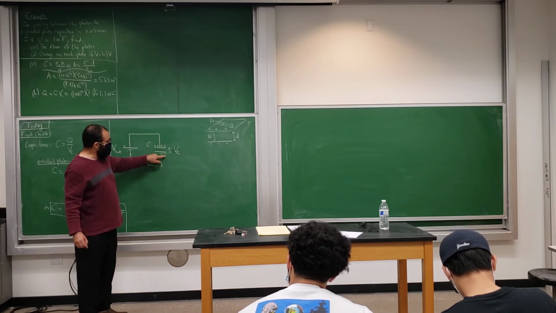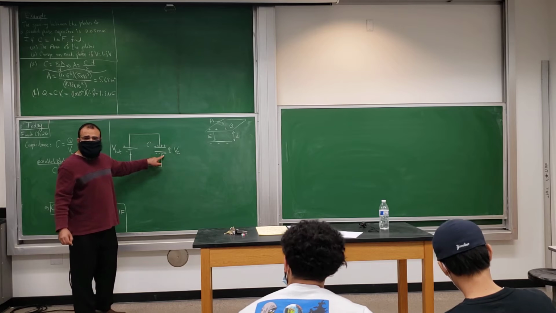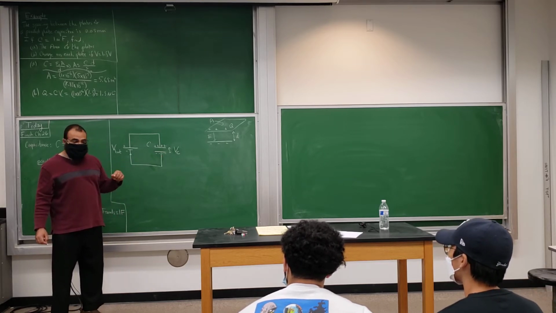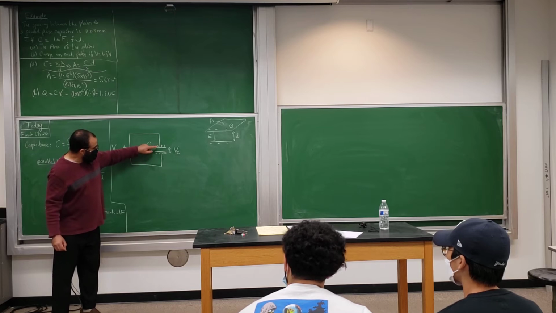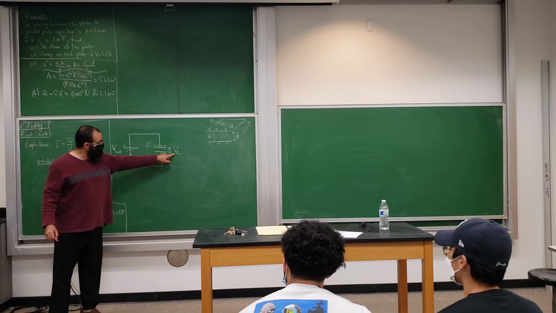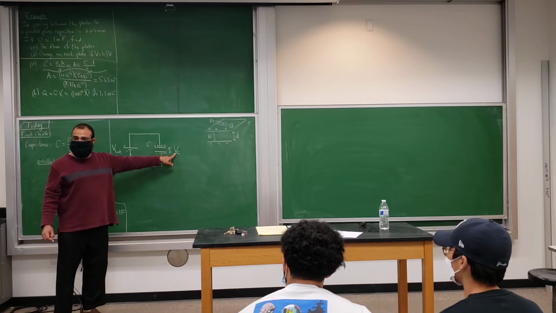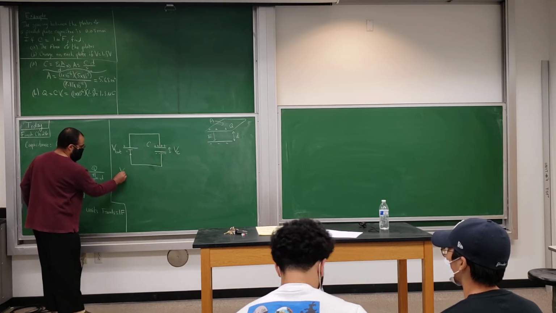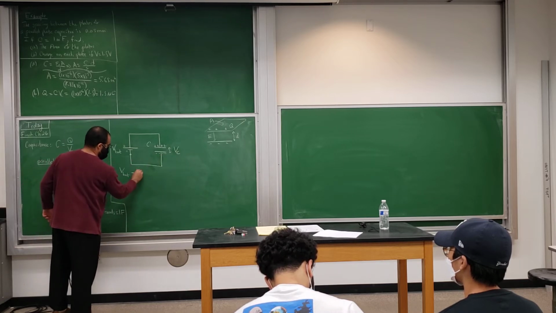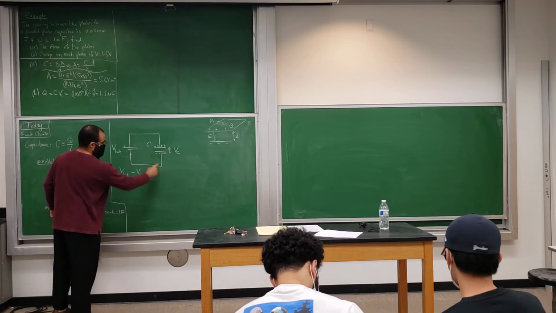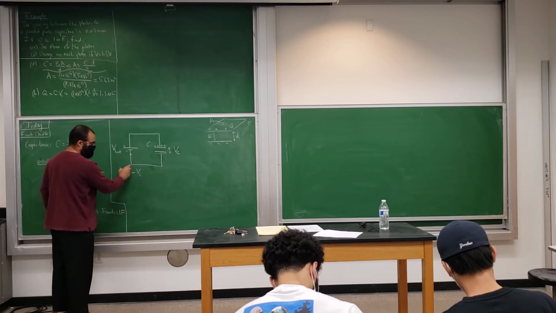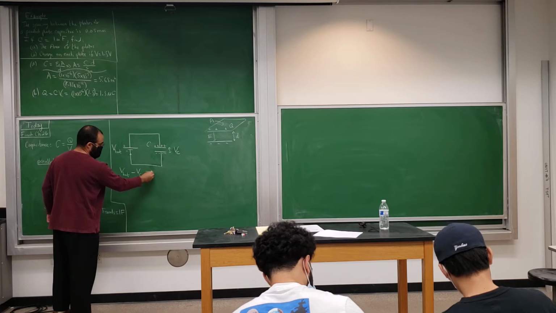When I go across the capacitor, what happens to my voltage? It drops. If I go from here to here it increases, but from here to here it drops. By how much? By the voltage across the capacitor. So I get V battery minus the voltage across the capacitor, then nothing, nothing, and I came back to the same spot. What did we say the total change must be? Zero.